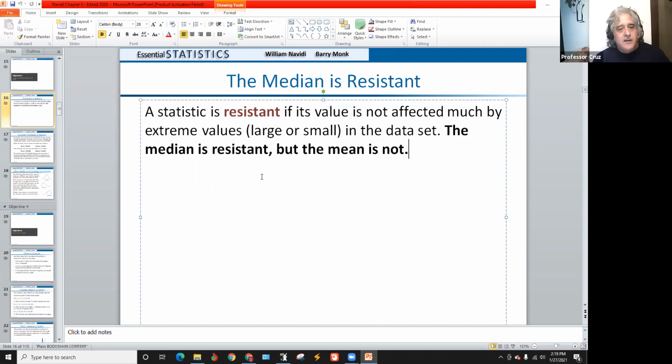So instead of having a B, you might be lucky to have a C. So that's the reason here. The median is not affected by extreme values, whereas the mean is.